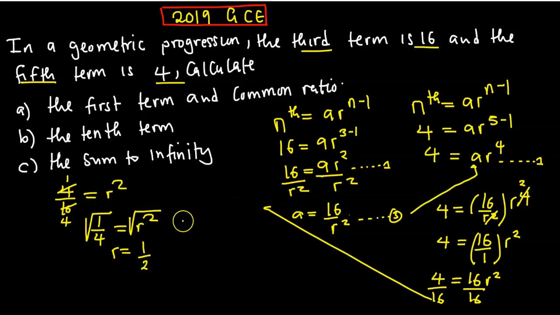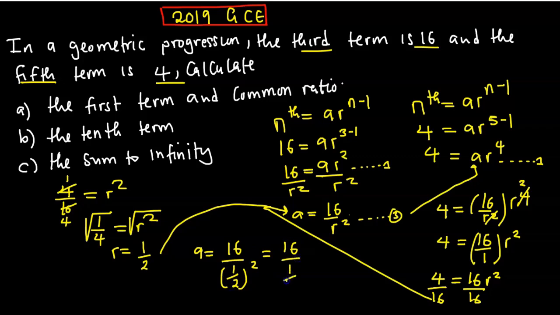Now having found the r, we can replace it in this one and find a. So we are going to say a is equal to 16 divide what? 1 over 2 square, which is 16 over 1 over 4. Now 1 over 4, you know that is 0.25.